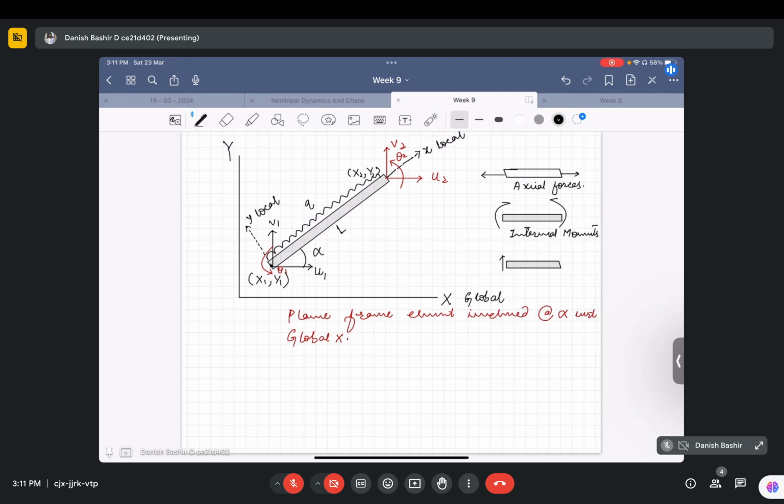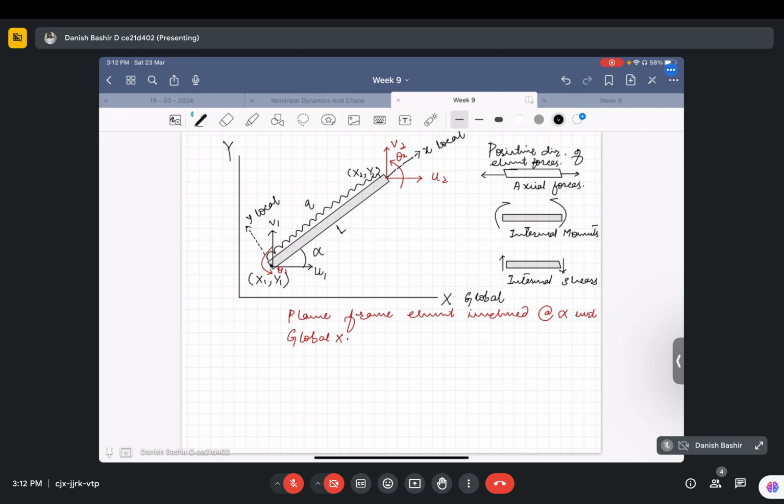We will be taking them to be positive. Okay, these are internal shears. Positive directions of element forces.